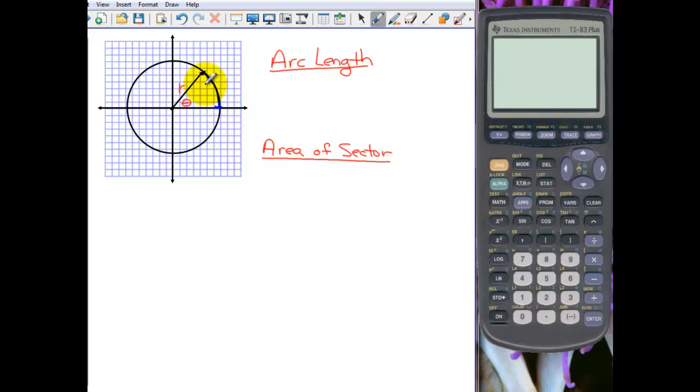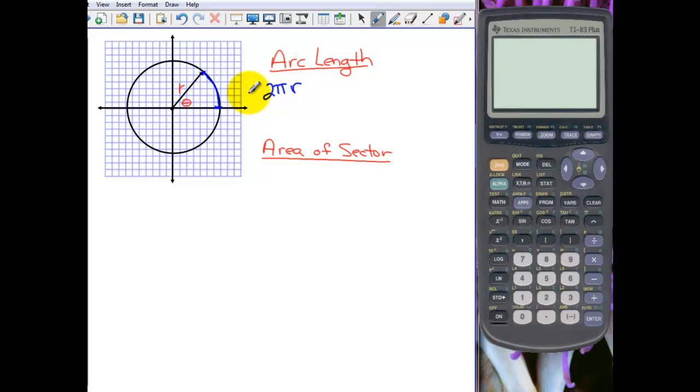This is part of a circle, and if theta was all the way around, 2 pi radians, the length of the arc would be our circumference. So the entire length of the arc all the way around is 2 pi r.